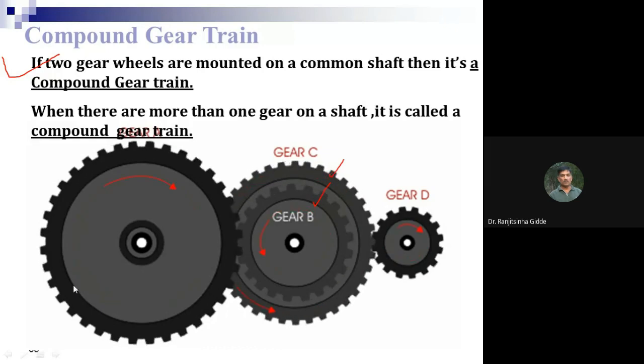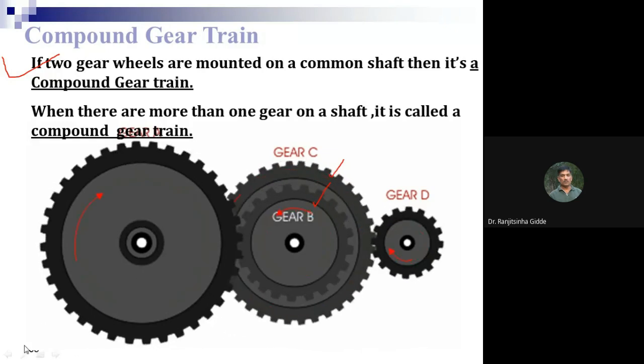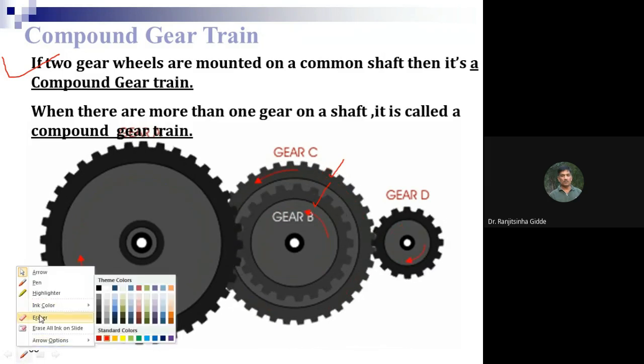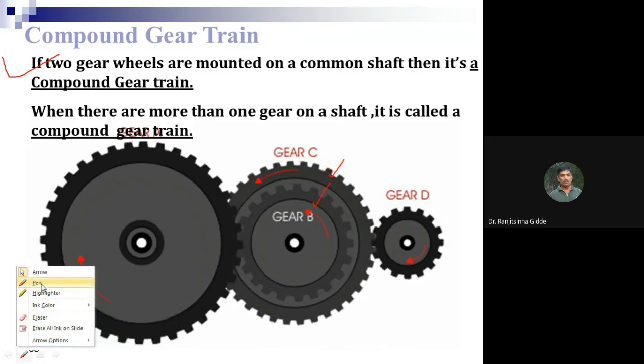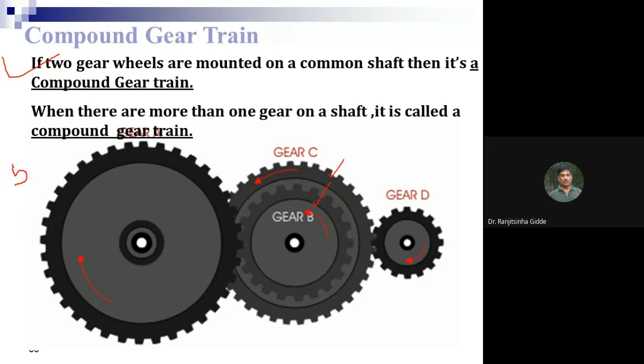Now what you can see here from this diagram, I will write here, this is rotating with 5 rpm.